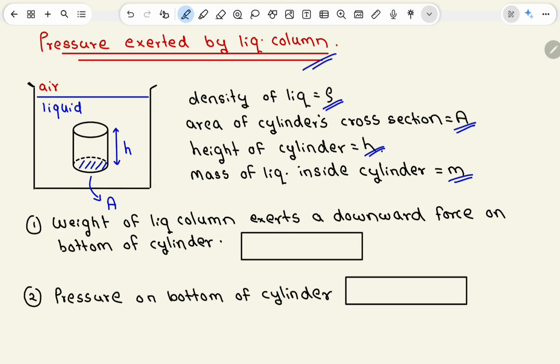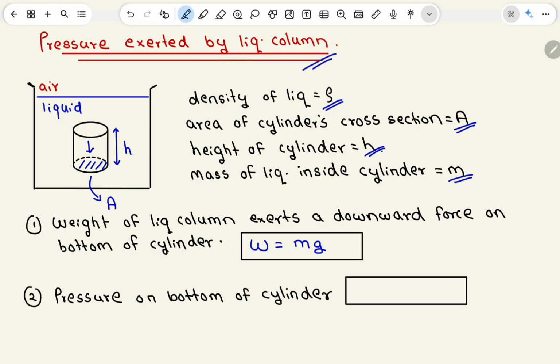So let's first have a look at the weight of the liquid column, which is exerting a downward force on the shaded area. So we can write that weight as W is equal to mg, where m is nothing but the mass of the liquid inside the cylinder. This force is perpendicular. The weight acts vertically downwards.